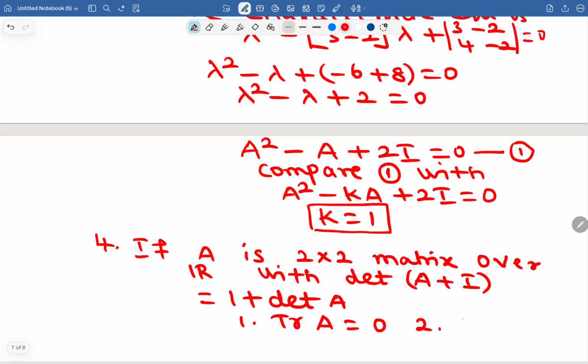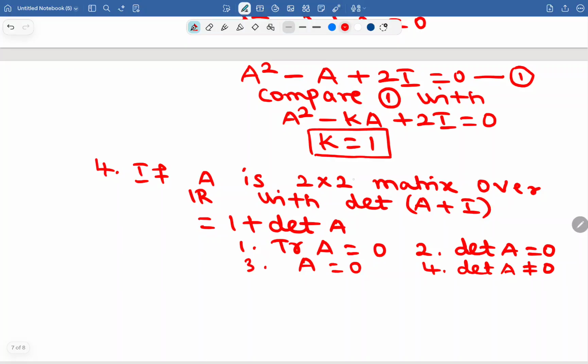Second option, determinant A equal to 0. Third option, A equal to 0. Fourth option, determinant A not equal to 0.